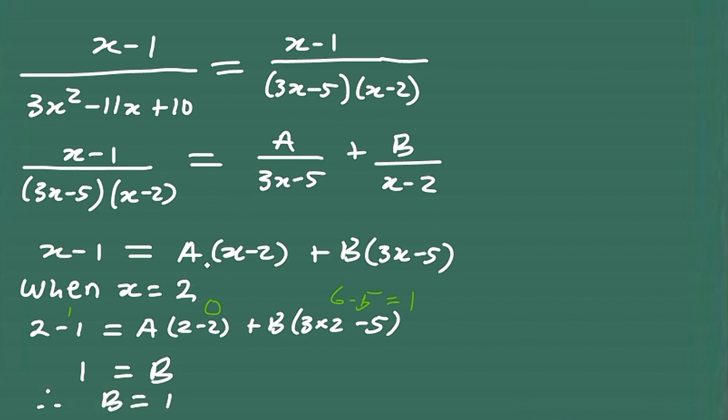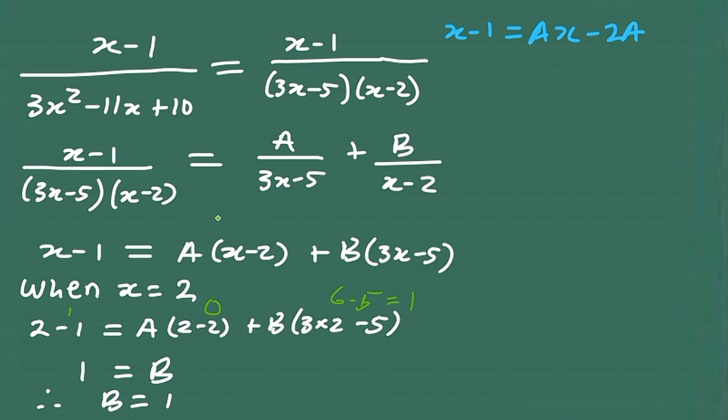Now, when you look at this expression, thinking of a value of x that will eliminate b is almost impossible. So what we are going to do is expand this expression. Expanding, we have x minus 1 equals a times x, which gives ax, and a times minus 2, which gives minus 2a.